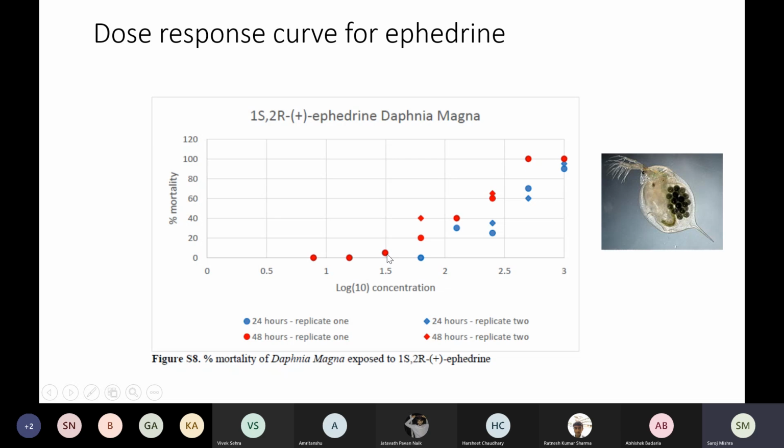It is here that you start to see the response. At this concentration, for example, you have 20%. What you see in red here is the duplicate sample. These are the 48-hour values. The circle represents replicate 1, and this represents the duplicate sample. This circle looks a little bit darker, which means both values are overlapping.